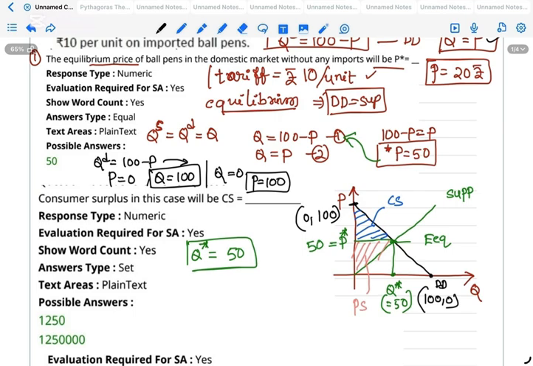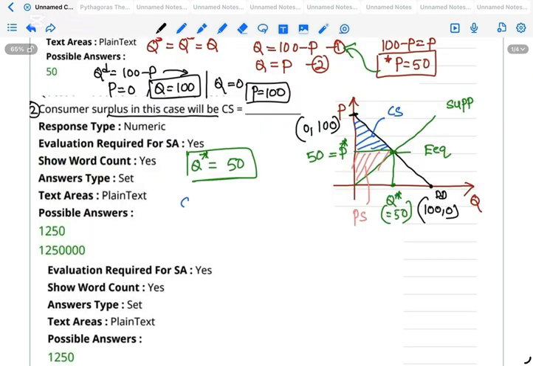This region is consumer surplus, CS, and this is producer surplus, PS. The formula is half times base times height, the area of this triangle. So half times, P star is 50 and the maximum price is 100, so 100 minus 50 is 50, times the base, which is 50 minus 0, that is 50.